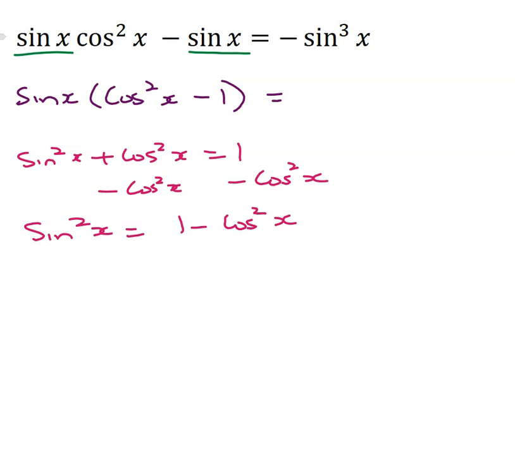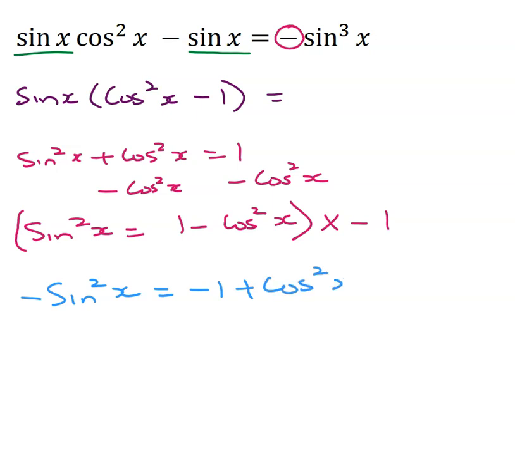And just generally in math, when you see this type of situation where your signs are not specifically on the expression or the variables you want, you can always multiply by -1 to switch them and see if that gets you to what you're looking for. So this is negative sine squared x equal to -1 plus cosine squared x.